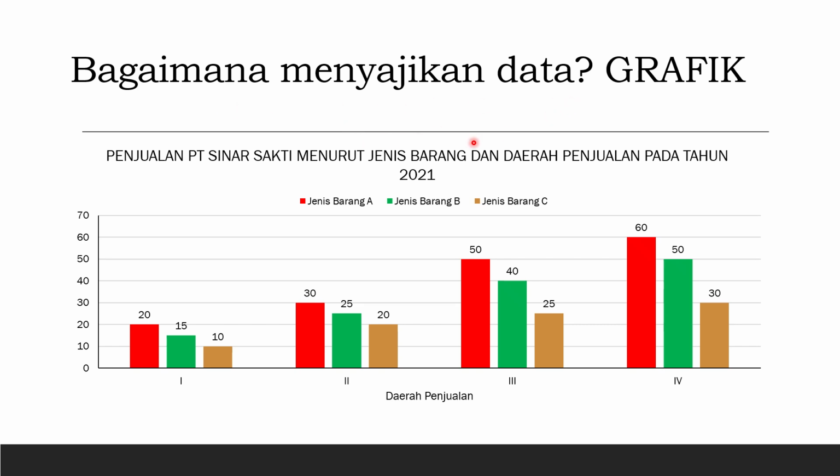Besides tabulating the data, you can also show the data in form of graphs, and you can see here I have the same data, but this time I give it to you in form of a chart.